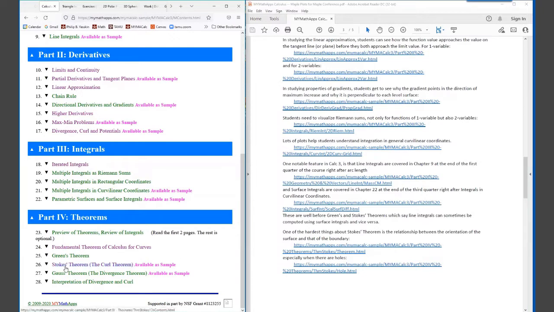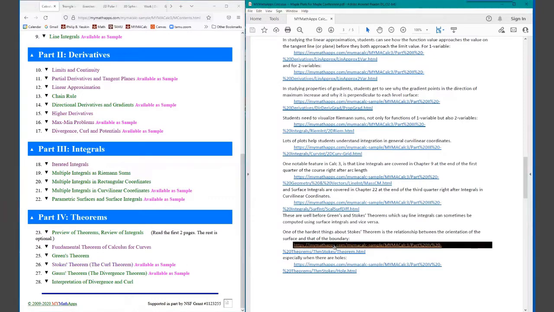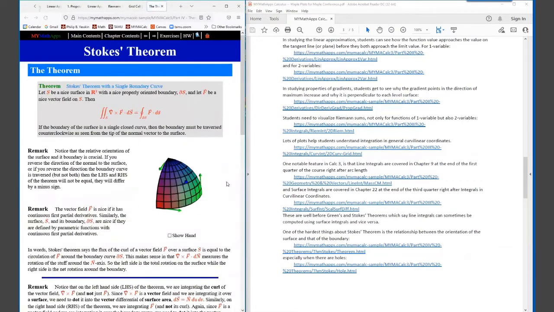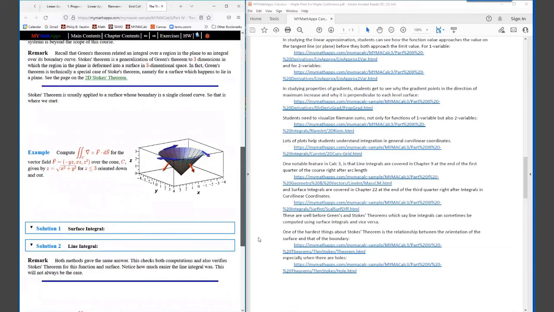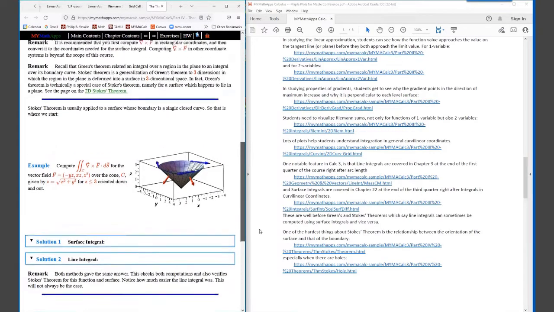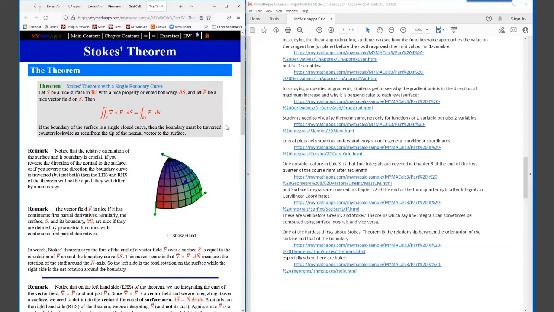And then when you get to Stokes' theorem, one of the hardest things for students to do is visualize the boundary. And so here are animations which show where you put your thumb and how you go around the boundary. Again, how you use the right-hand rule to determine going around the boundary.